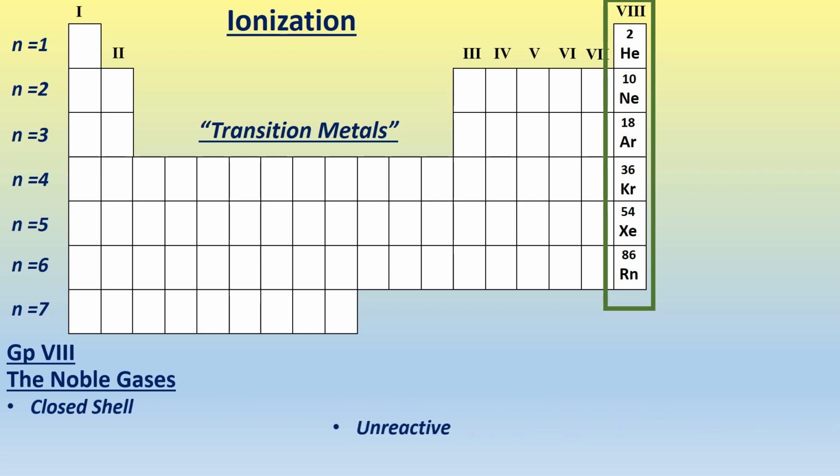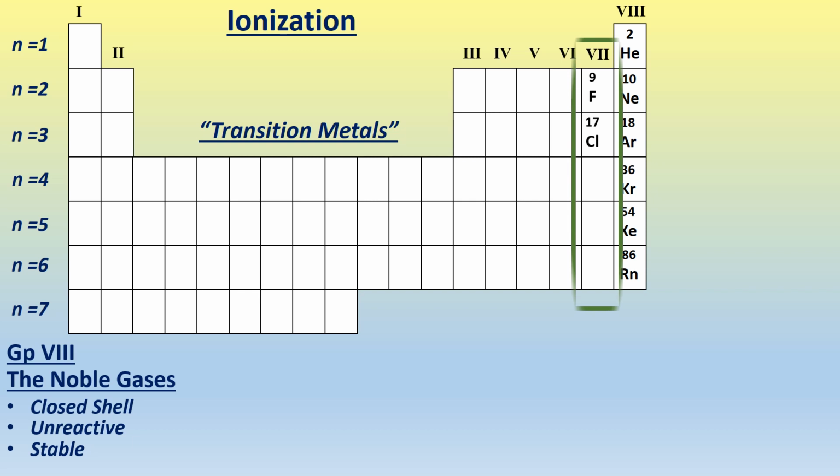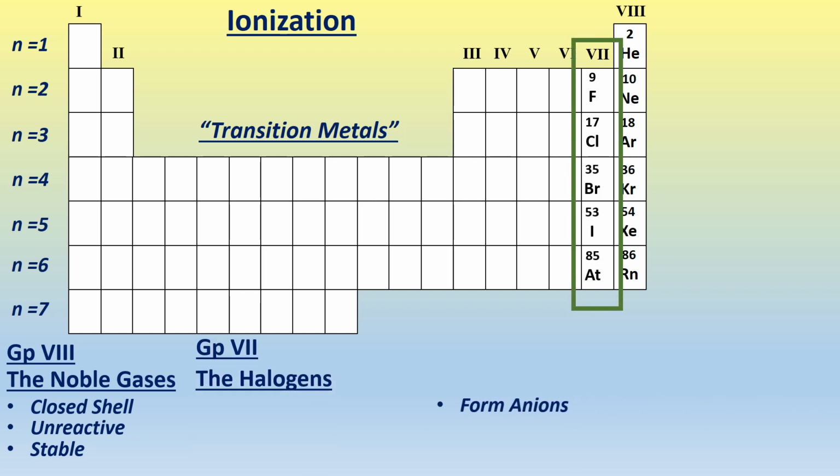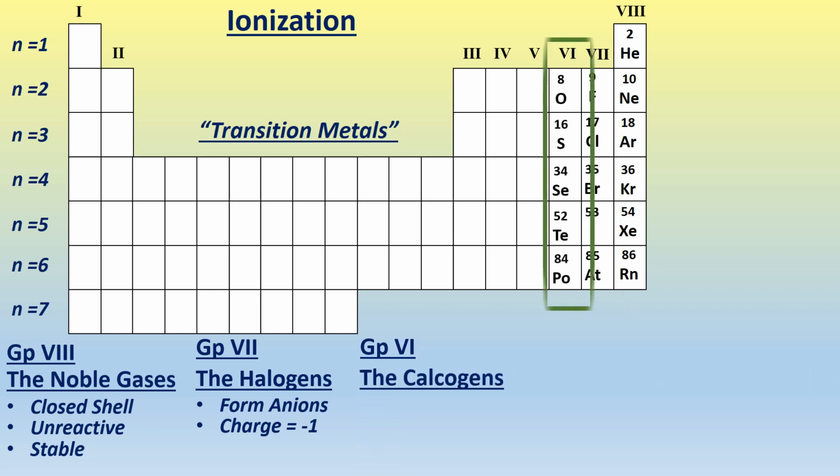For the simplest type of compounds to imagine, ionic compounds, we've already seen the trend based on the noble gases. Group 7, being one away from group 8, will all form anions with a -1 charge. Group 6, being two steps away from group 8, will form anions with a charge of -2.